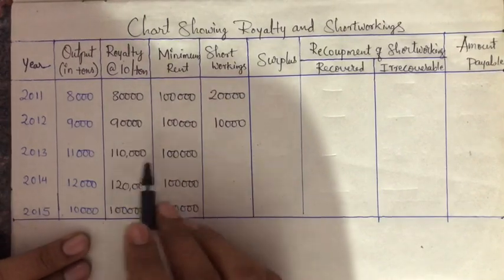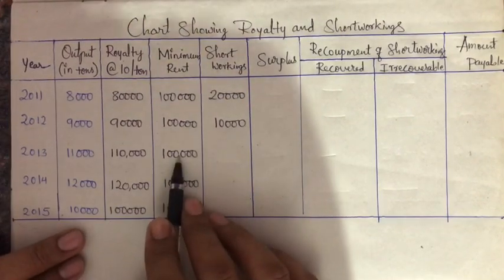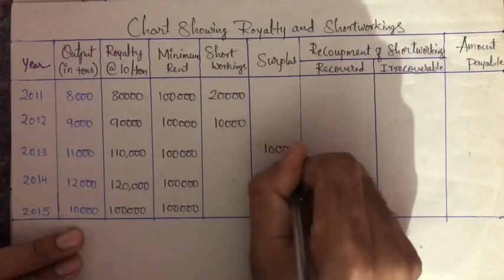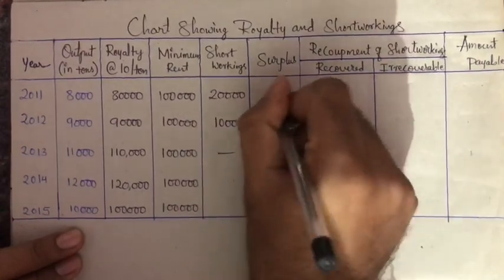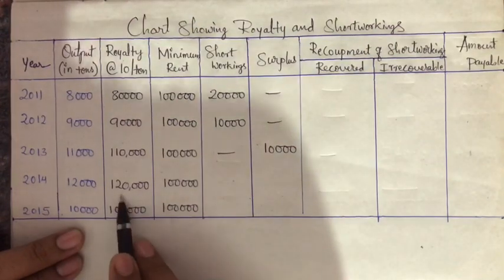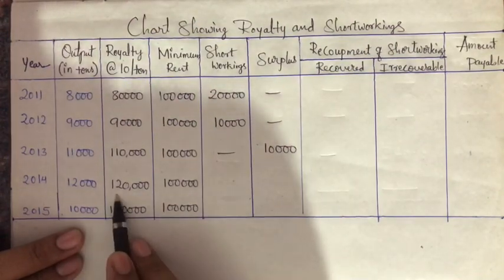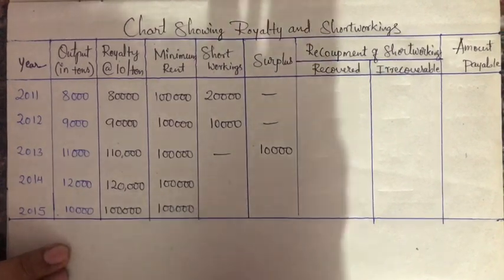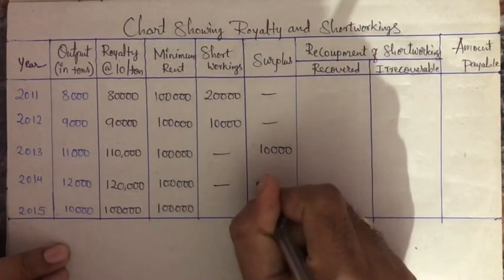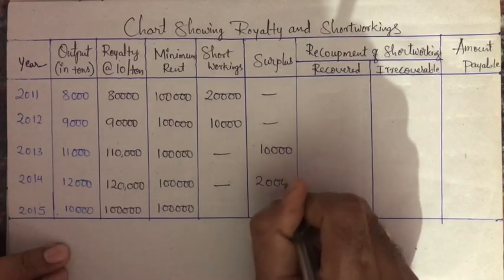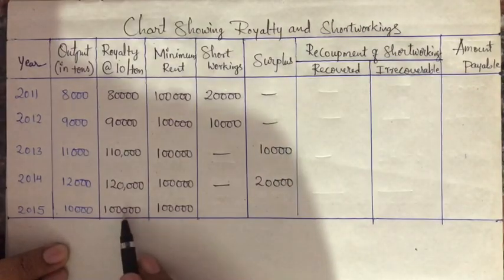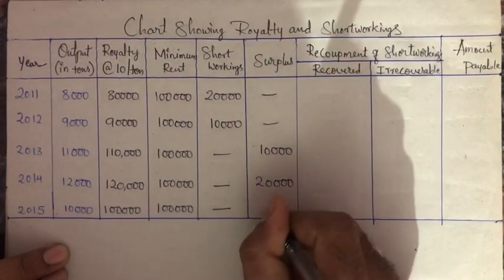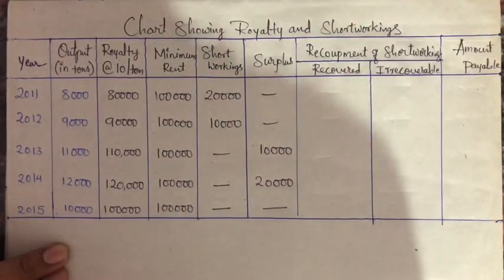Instead, royalty is greater than the minimum rent, which means we have a surplus of rupees 10,000. In the following year, 1,20,000 against 1 lakh, so royalty is greater by 20,000, and we have a surplus of rupees 20,000 again. If you check the fifth year, royalty and minimum rent are both the same. There is no short workings and no surplus.